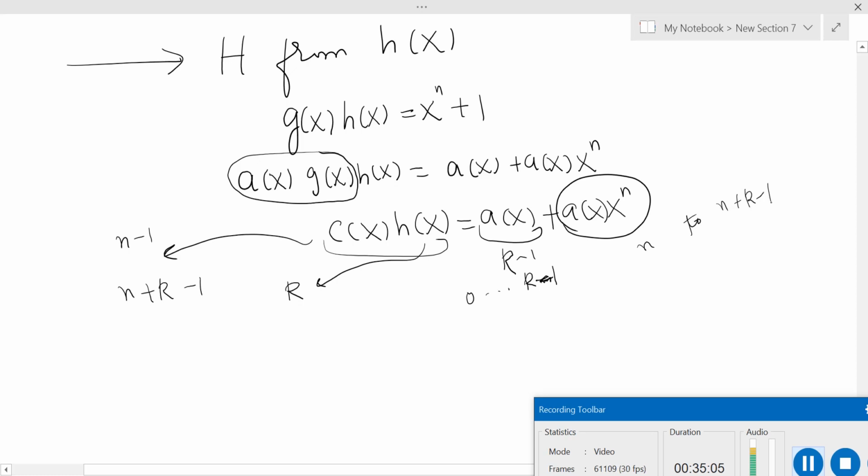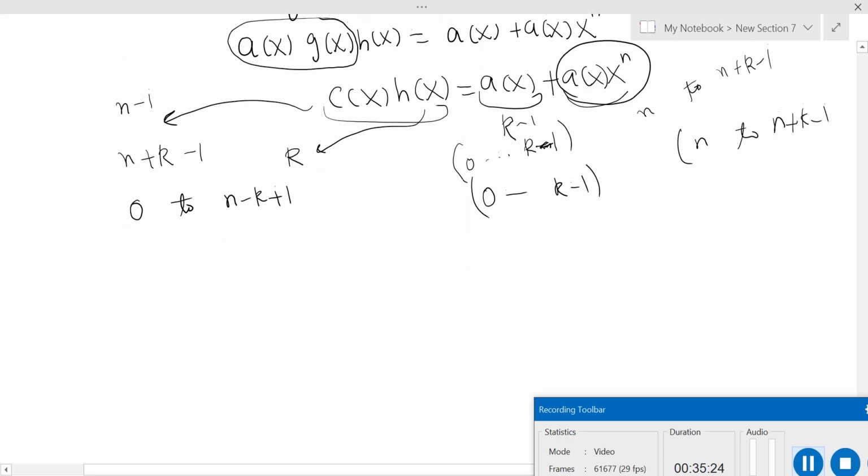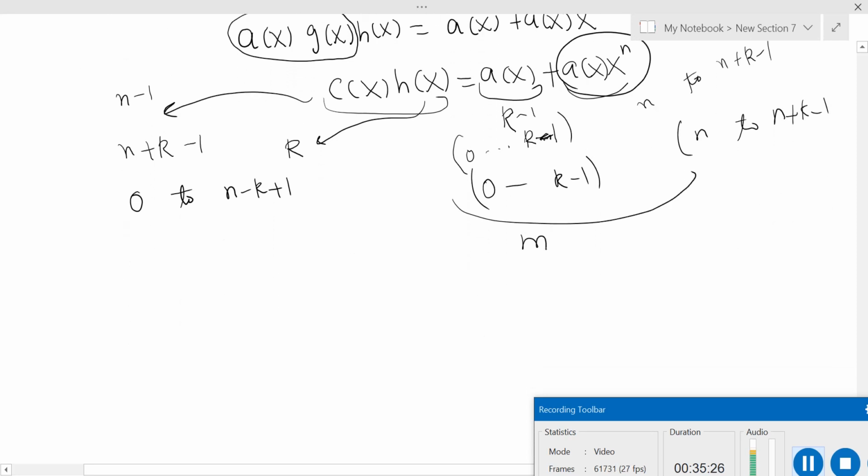So there is something missing. On the left hand side you have all the terms from 0 up to degree n plus k minus 1. On the right hand side, a of x contains terms from degree 0 to k minus 1, and this term contains degrees from n to n plus k minus 1. So what is missing on the right hand side? The terms x to the power k, x to the power k plus 1, up to x to the power n minus 1.